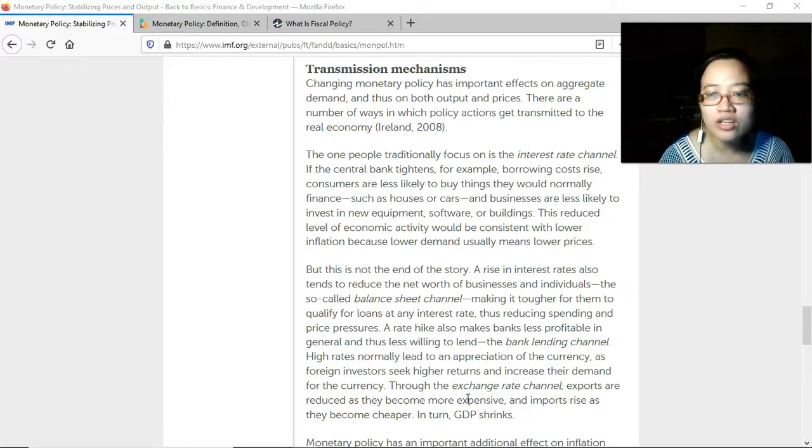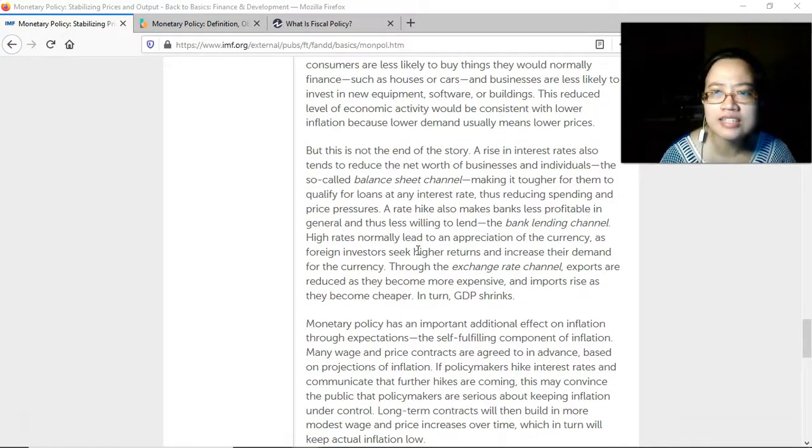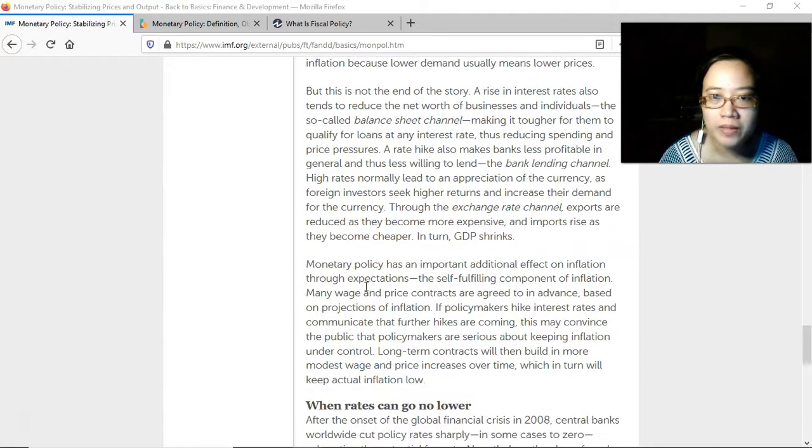Through the exchange rate channel, exports are reduced as they become more expensive and imports rise as they become cheaper. In turn, GDP shrinks. In this scenario, because people are discouraged from spending, the GDP will definitely shrink, or they would not be able to achieve the targeted GDP.